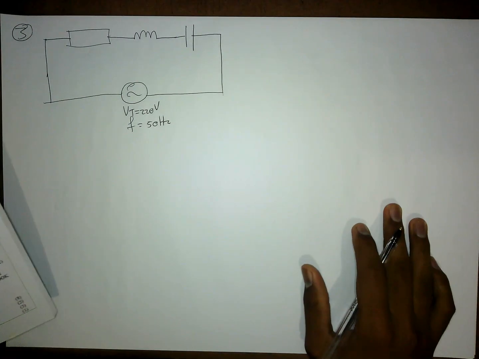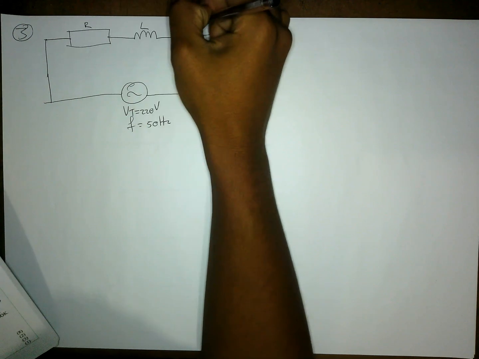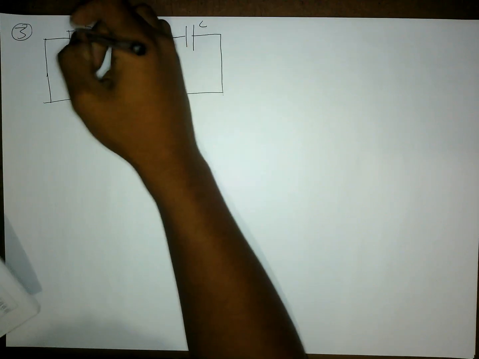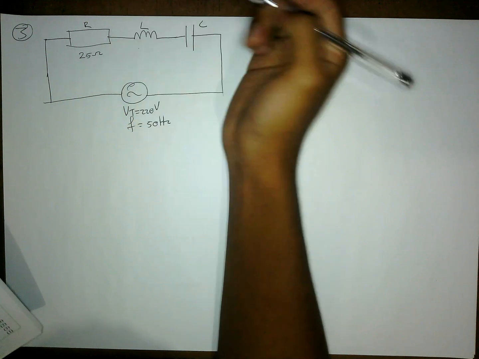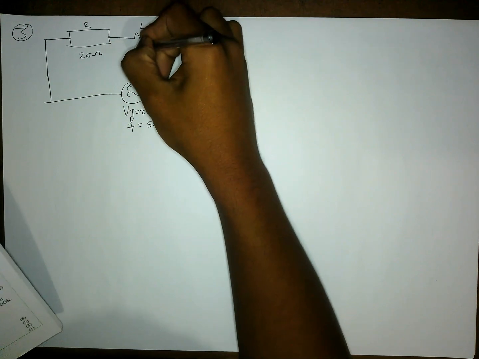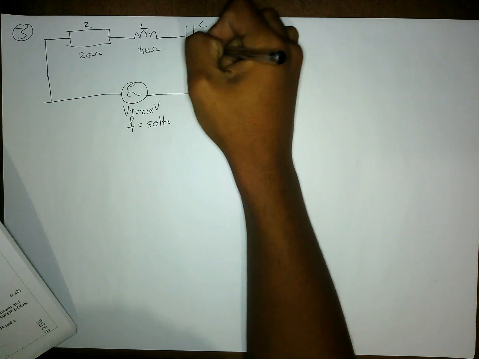So this one I want you guys to do with me. With me would be very nice, so we can end the night working together. For the inductor, we are given 40 ohms. For the capacitor, we are given 60 ohms.